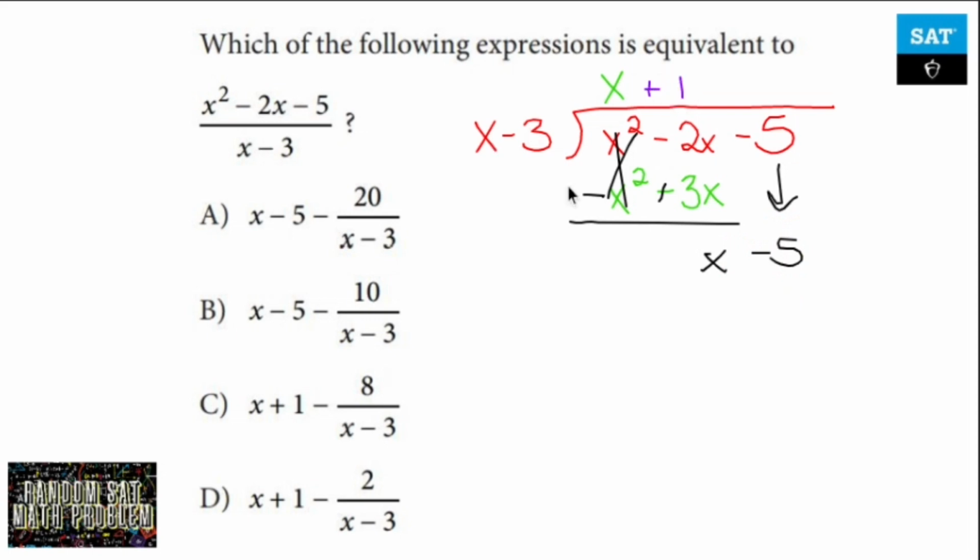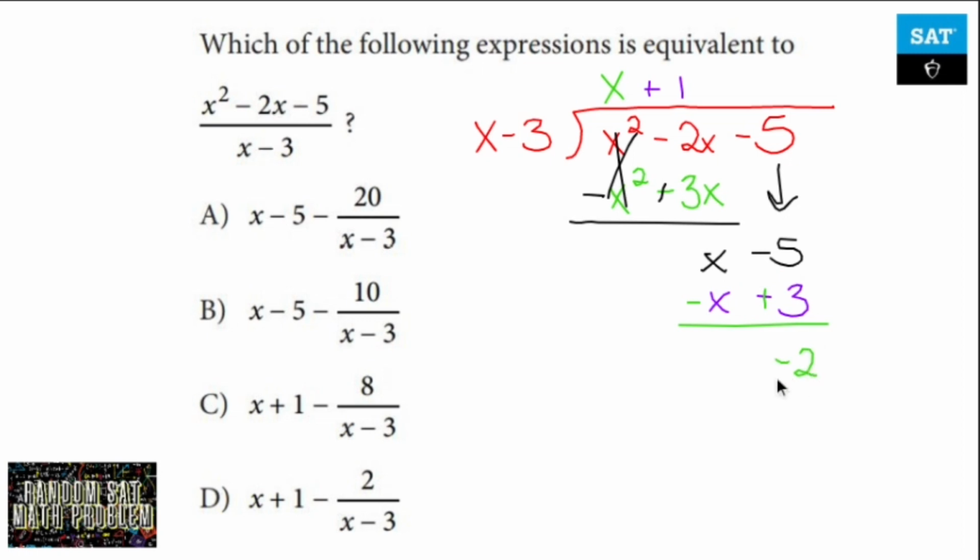All right, 1 times x is x. 1 times negative 3 is negative 3. Now I have to subtract this entire x minus 3, which requires me to flip the signs. And that gives me a remainder of negative 2.